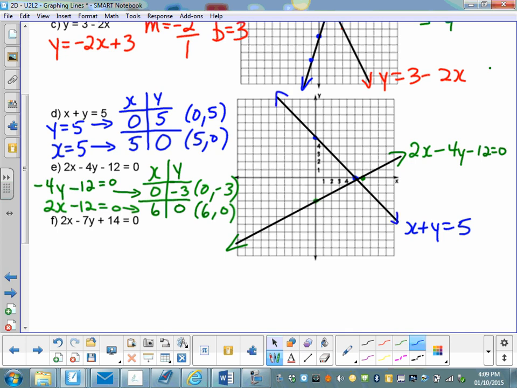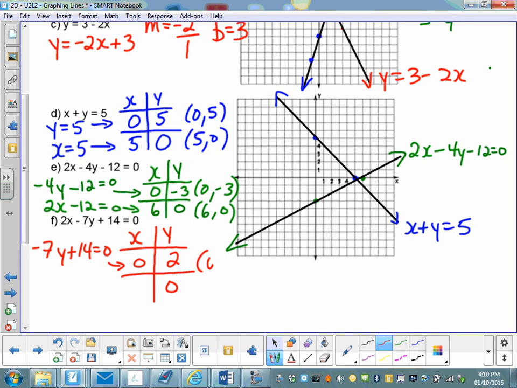Okay, last one. So for this one, we'll set up our table again for our intercepts. So when x is equal to 0, we get this equation here. We take the 14 to the other side, it becomes minus 14. And when we divide that by negative 7, we get 2.